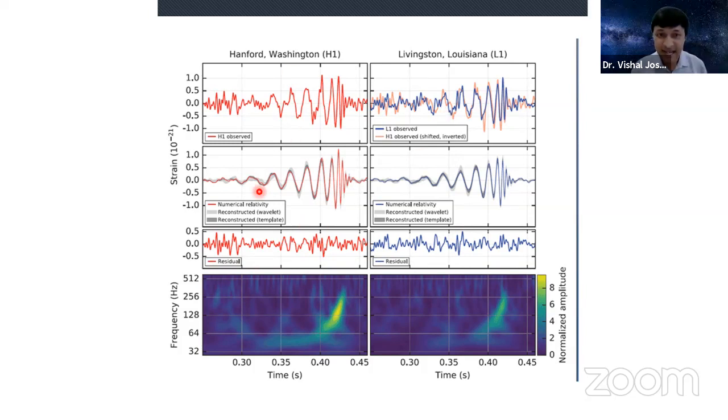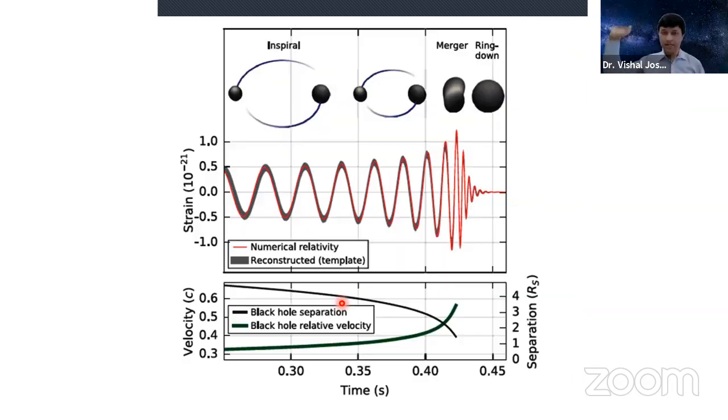And these signals are very much in line with what we expect from a black hole collision. These are the mathematical models you can see here, fitted to the actual observations. And these are their frequency spectra. You can see that the frequency keeps increasing and eventually they collide. So two black holes were orbiting around each other, eventually they collide and form a new black hole, and the gravitational wave emitted by this system was detected by us.